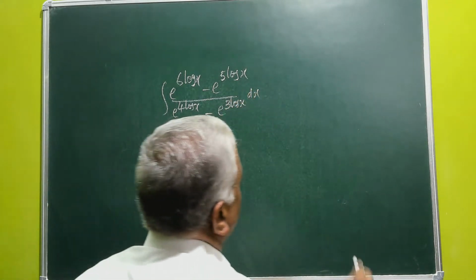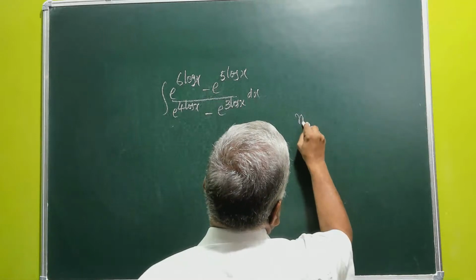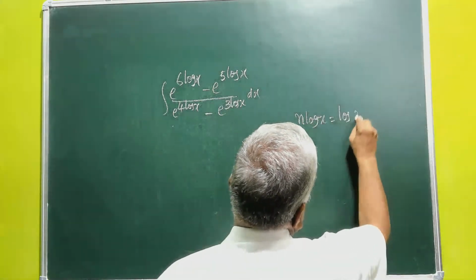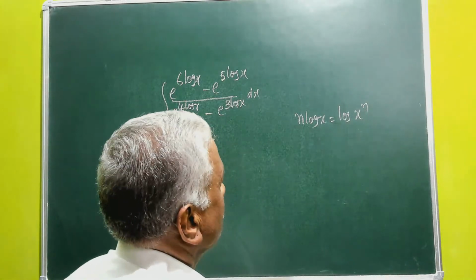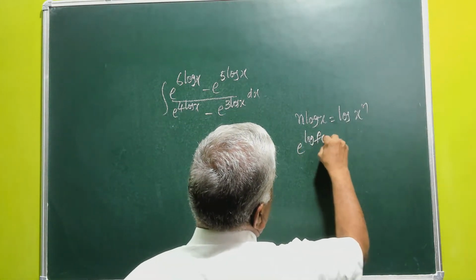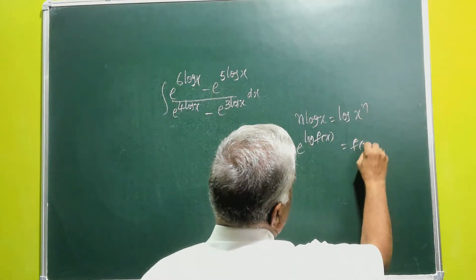See, two things are important. One is first writing n log x as log of x to the power of n. The second thing is e to the power of log of f of x is equal to f of x.